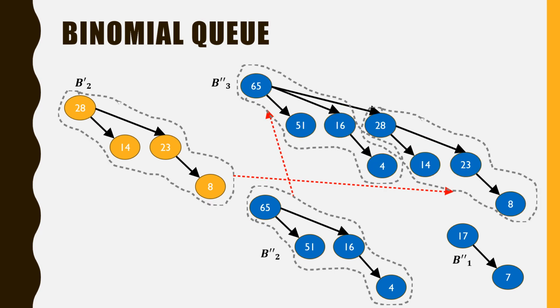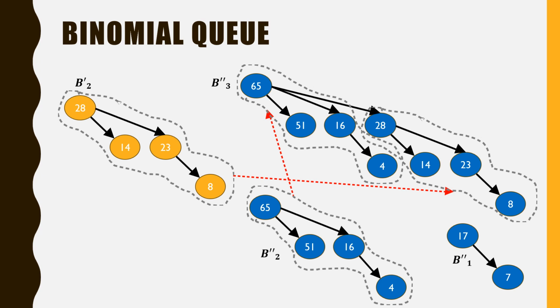Next, we proceed to merge the B2 binomial trees: the orange tree B'2 and the blue tree B'2. Since the orange tree B'2 has a smaller root than the blue tree B'2, it should be attached to the root of the blue tree as a subtree.